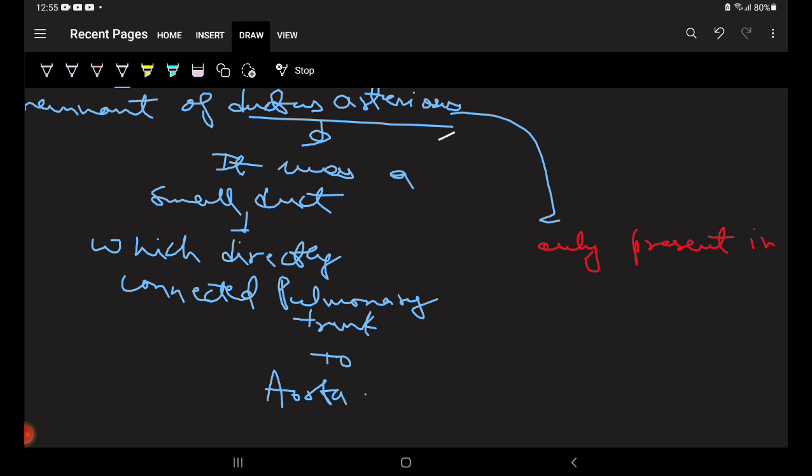They are filled with fluid. So since the lungs are non-functional, there is no need to send that blood to the lungs. So blood entered into the pulmonary trunk and then through the ductus arteriosus it went directly into the aorta.